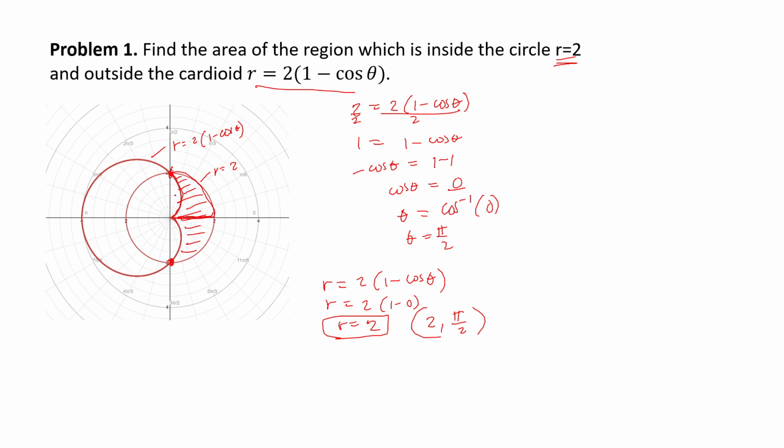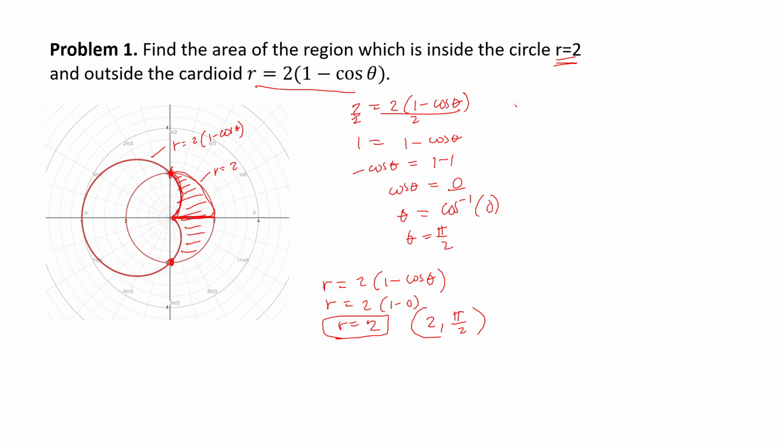Now we will look for the upper and lower boundaries, the limits. Let's start with the boundary from 0 to pi over 2.